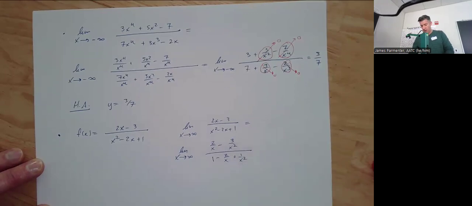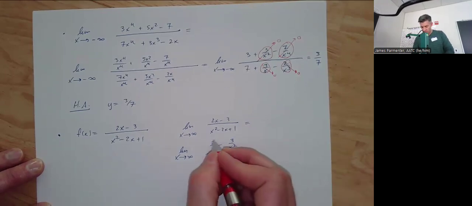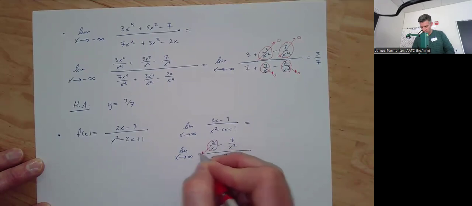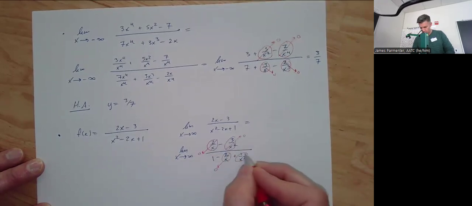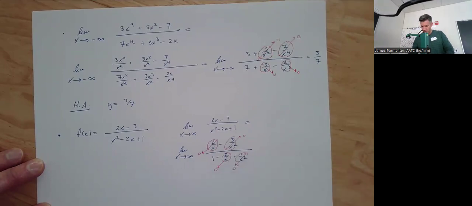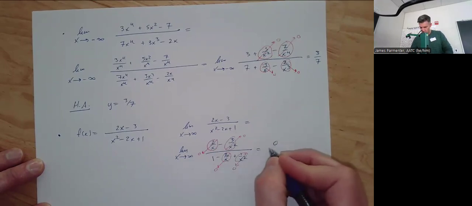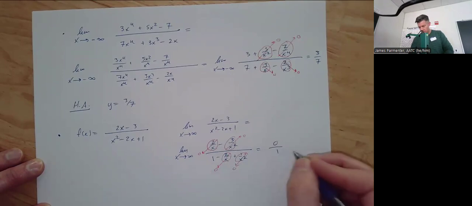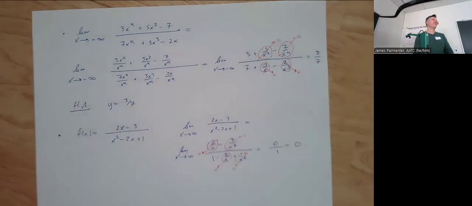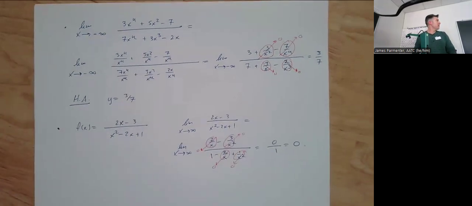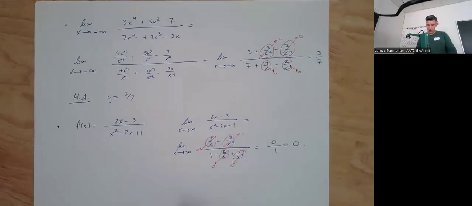And then all the things divided by something getting big are going to go to 0. So that's going to go to 0, that's going to go to 0, that's going to go to 0, that's going to go to 0. And we end up with 0 minus 0 over 1 minus 0 plus 0. And 0 divided by not 0 is 0. Meaning this function has a horizontal asymptote at y equals 0.